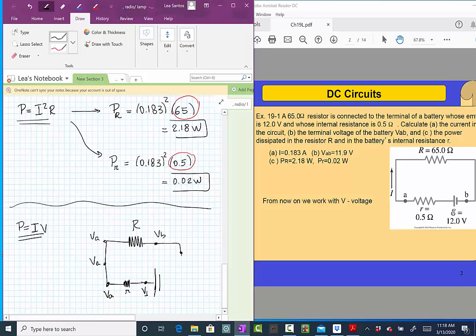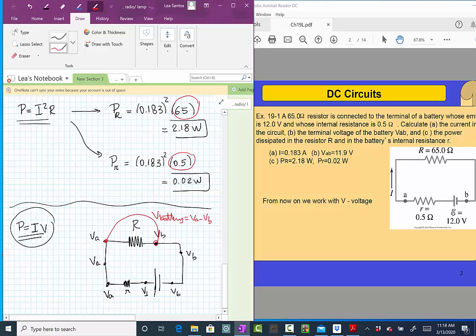And then it is VB all the way back to the battery. All right? Okay, so if we want to use this equation here for our resistor, what is the V, what is the potential difference that we are going to use? We are going to use VA minus VB. This is the potential difference associated with this resistance. VA minus VB is the potential difference of the battery.